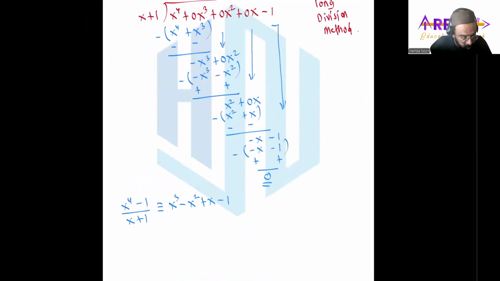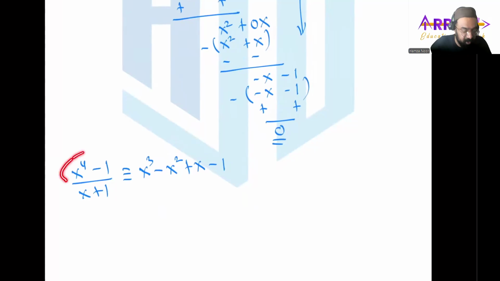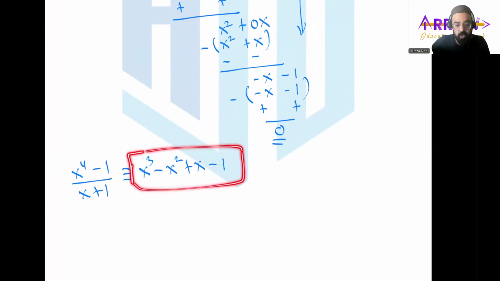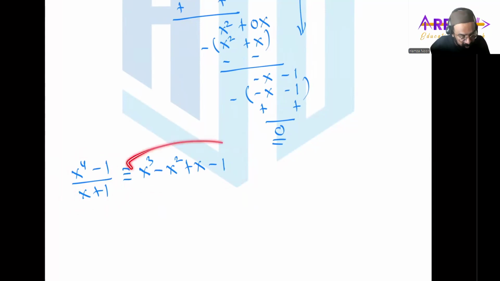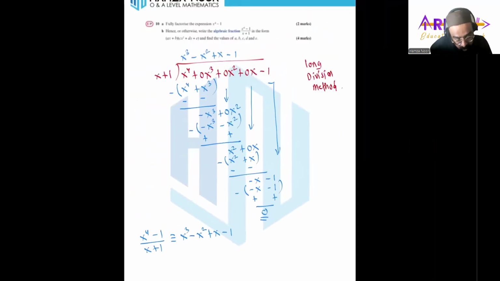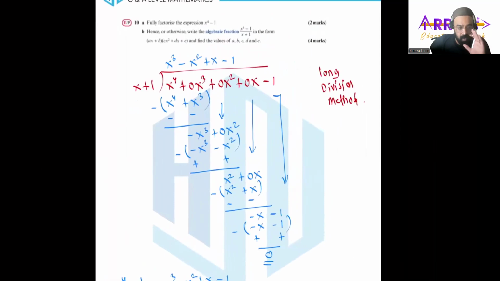So this means that when the polynomial x raised to the power of 4 minus 1 is divided by x plus 1, this gives us a cubic quotient, which is x cube minus x square plus x minus 1. But our requirement is not yet completed.